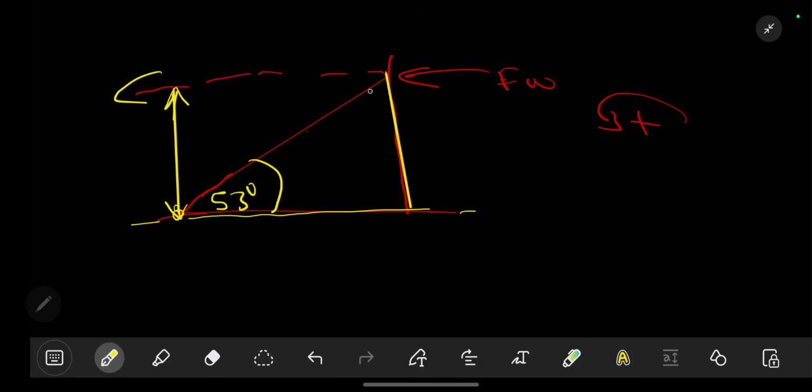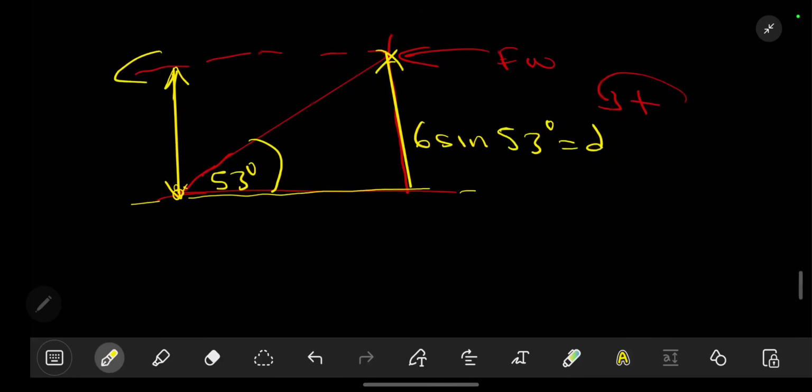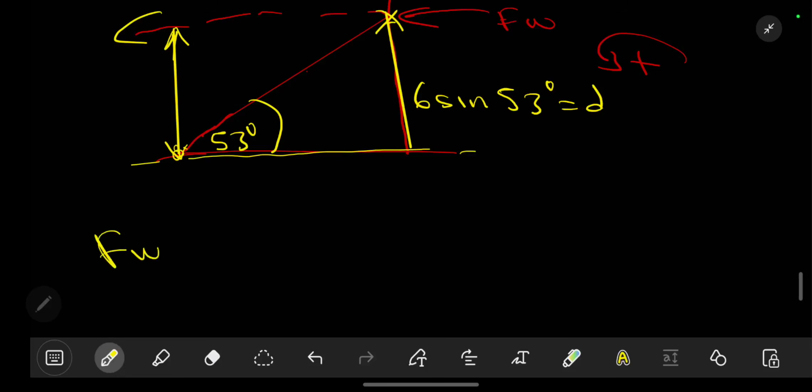If this is 6 meters, at the point of contact from here to here, it's 6. So we are going to say 6 sine of 53 degrees. That's the distance. So we begin with that and say the force on the wall times the distance, which is 6 sine of 53 degrees.